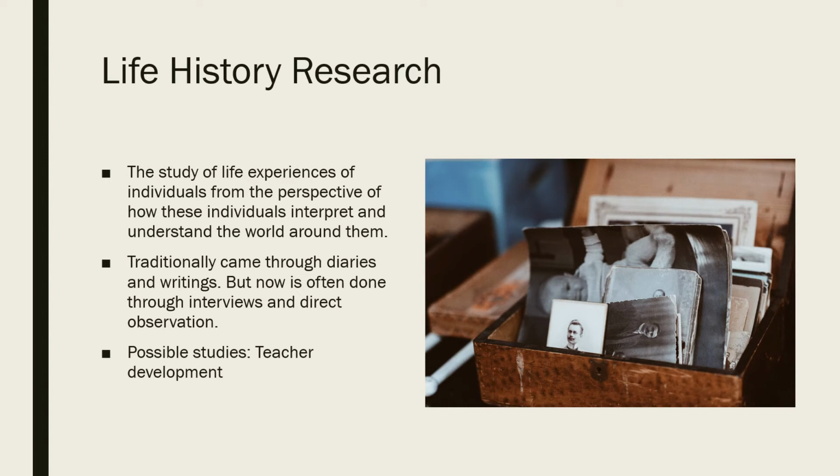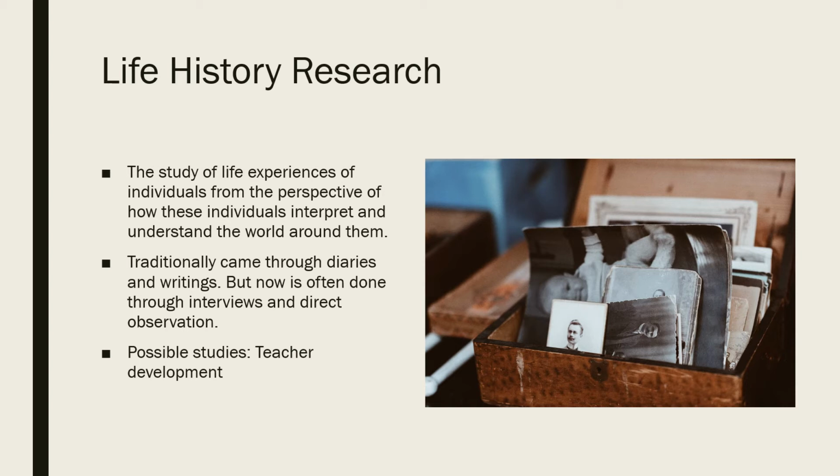And then finally, the last method for type 1 qualitative research is life history research. This is the study of life experiences of individuals from the perspective of how these individuals interpret and understand the world around them. Traditionally, people would study diaries and the writings of other people.